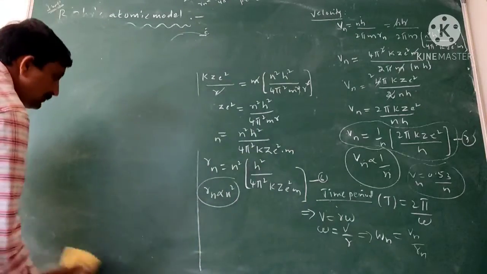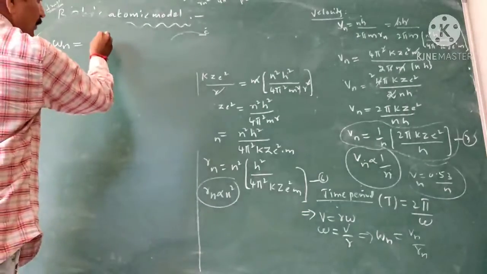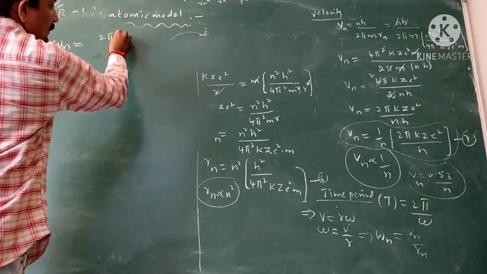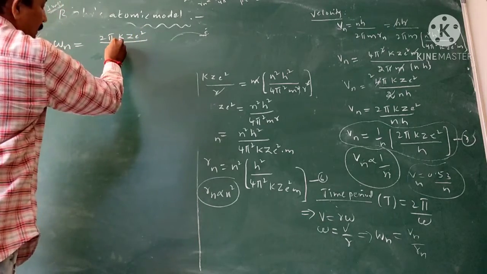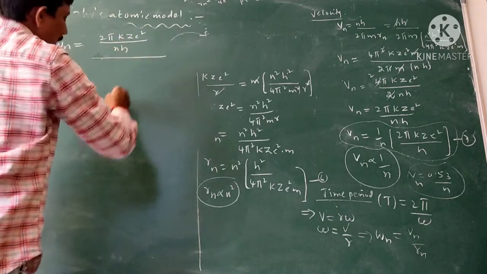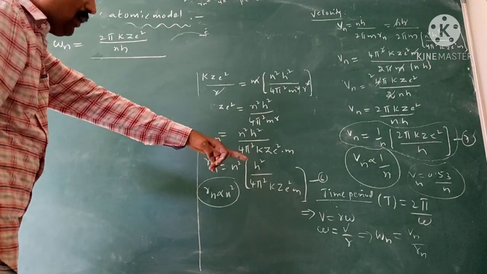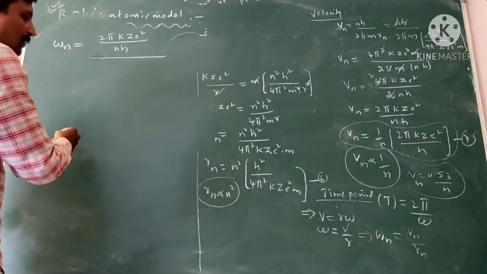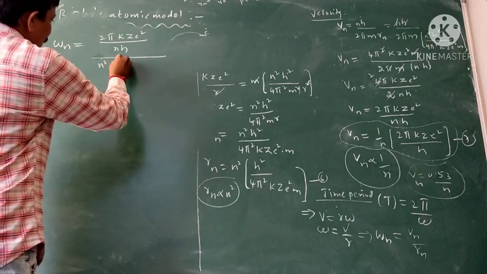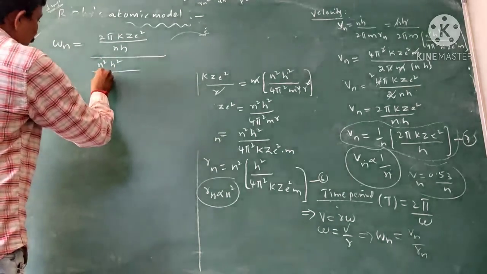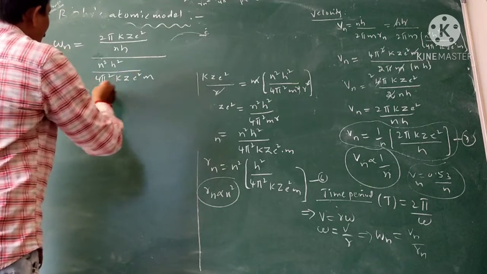Find out the omega value. So omega n is equal to, what is Vn? Vn means 2 pi k z e square by n into h, divided by Rn. What is the value of Rn? Rn means n square h square by 4 pi square k z e square into m.